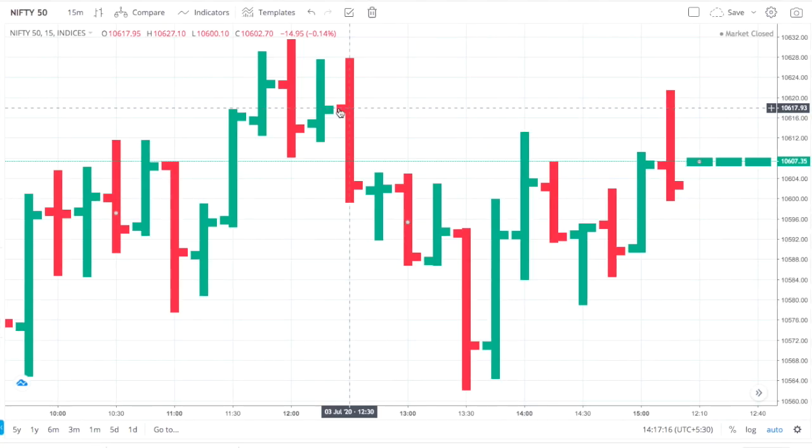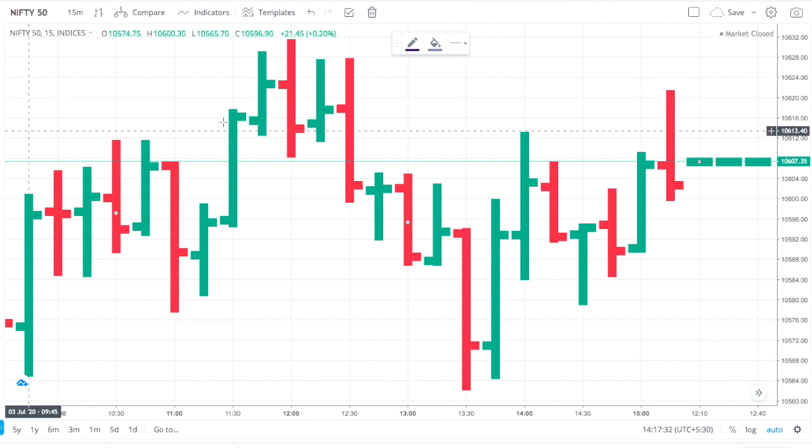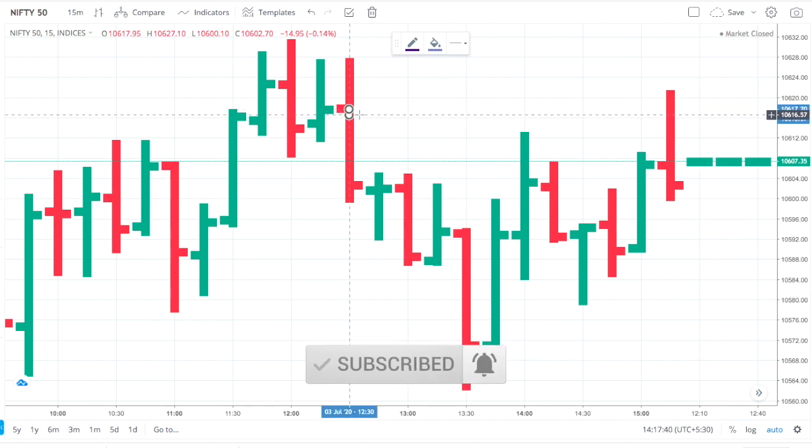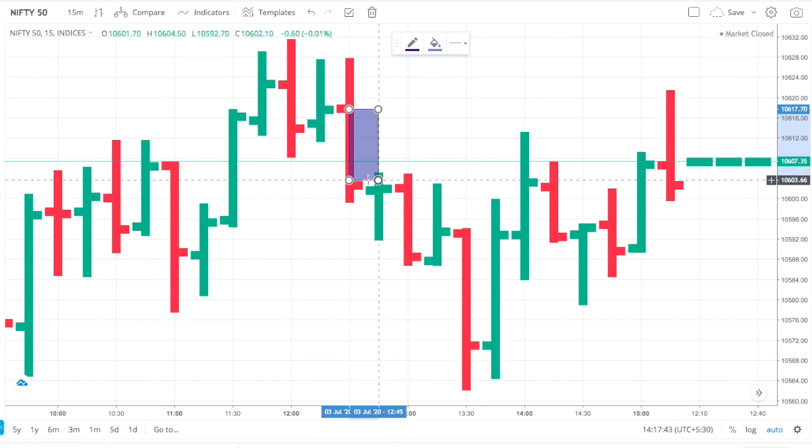So now we know that the bar chart uses the actual opening and closing price in order to form its particular bar. Now to make a candlestick, we basically form a rectangle, or a candle, between the opening and closing price, right? And the highs and the lows are indicated by a wick.